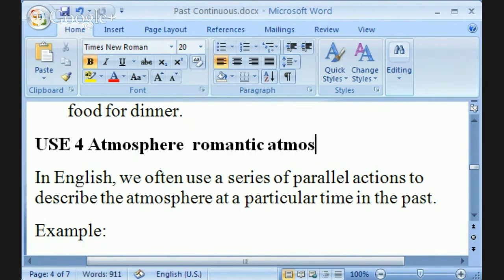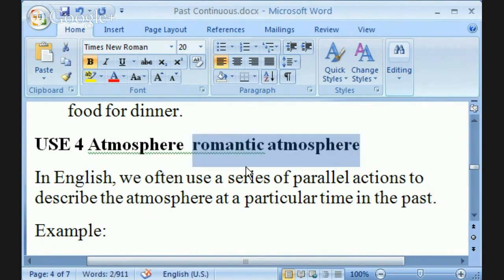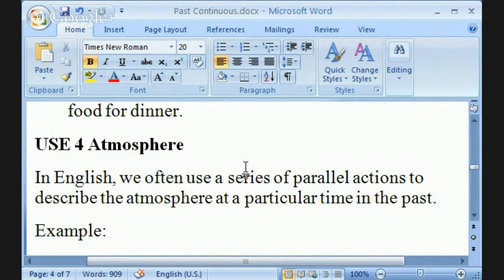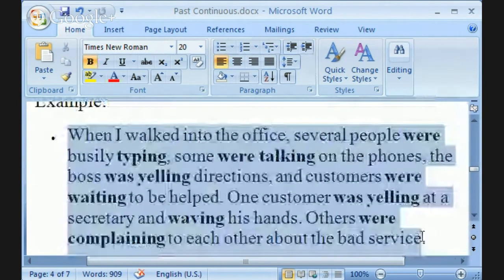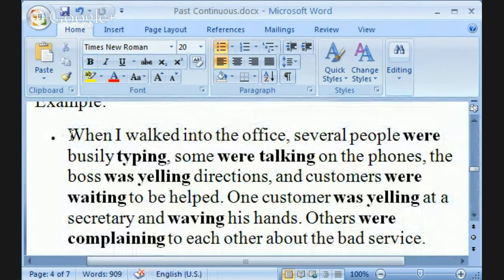Sorry, I know this situation on the atmosphere. Yes, atmosphere like that. But for that example, atmosphere, I don't understand. This example? Yes. Okay, well, the atmosphere in this office is somewhat chaotic, out of control, unorganized.